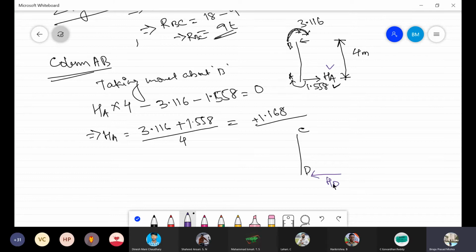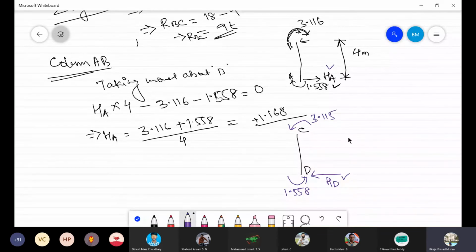We are taking that HB will resist HA. Here we again have a moment, 1.55, and the other moment is 3.11.